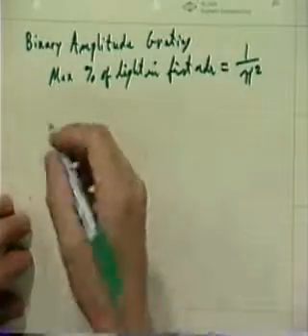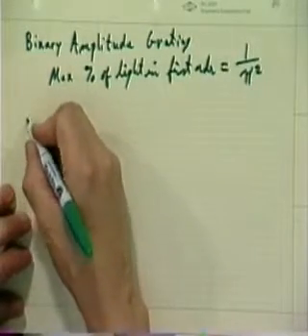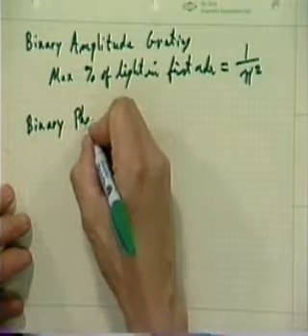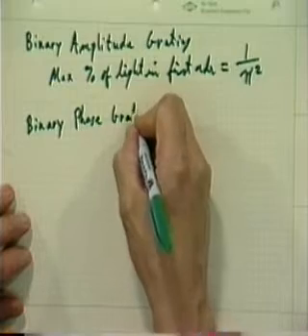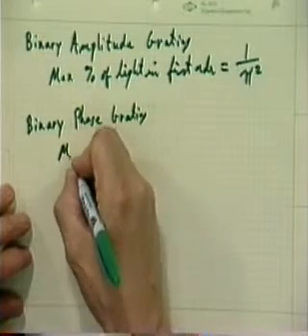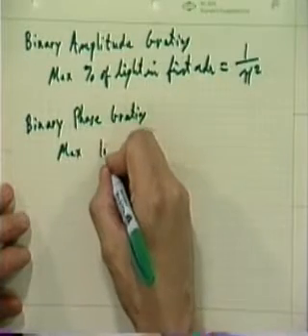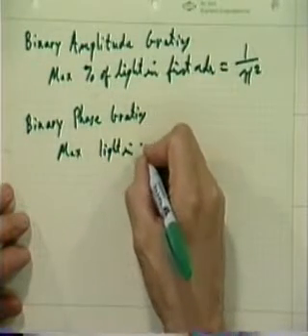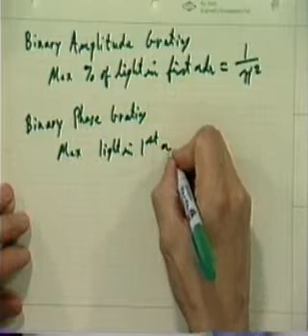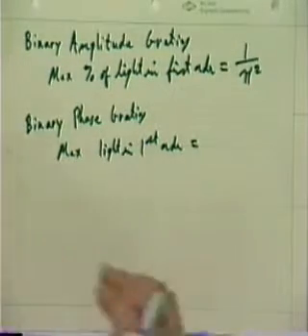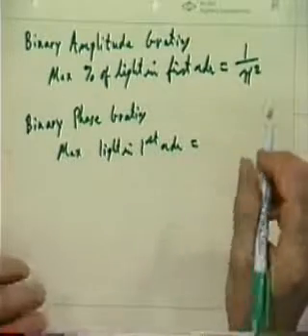Then we had the binary phase grating. The maximum light in the first order, remember what that was? Well, we gained a factor of 4.